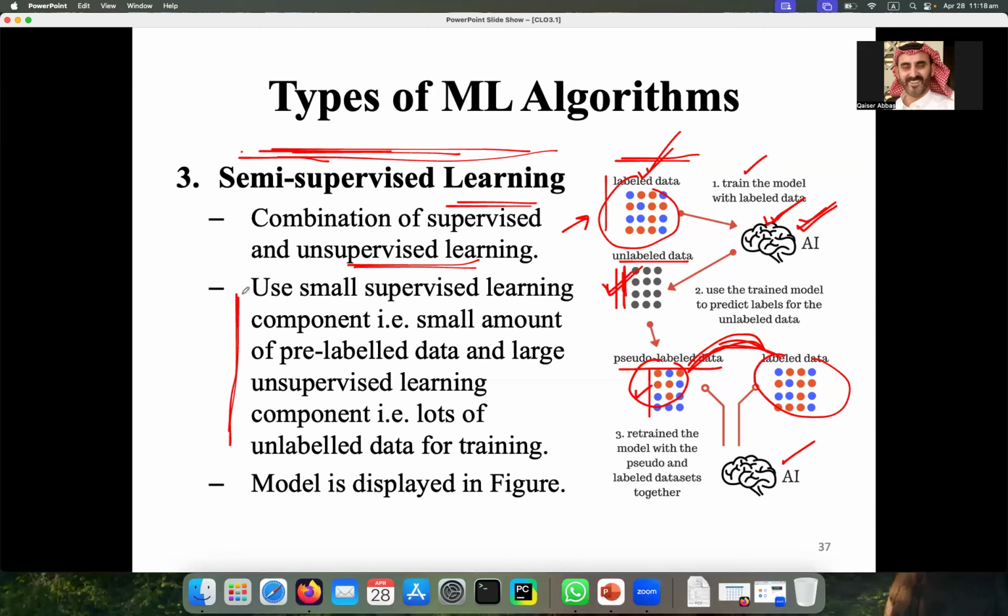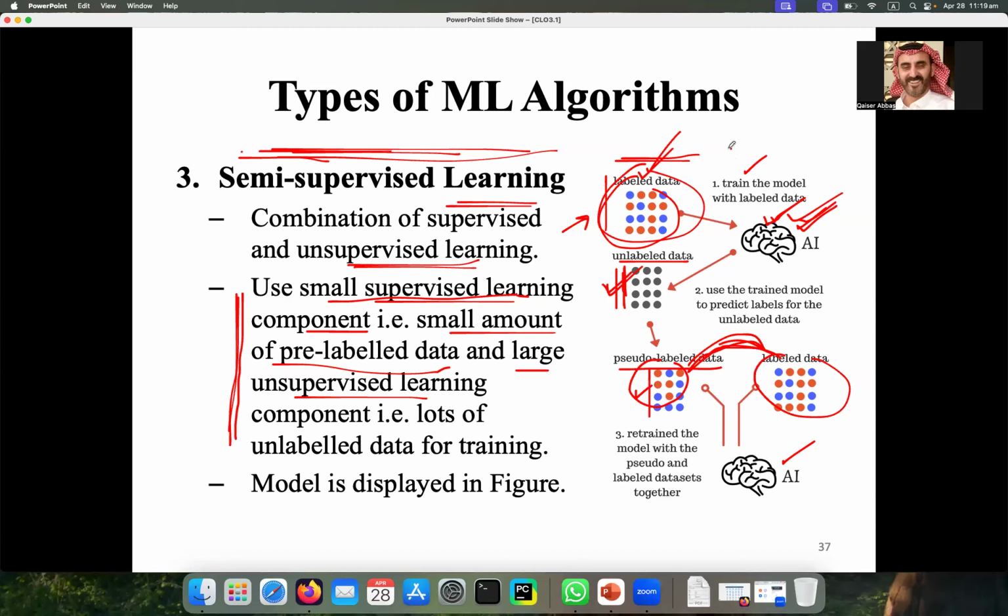So that step is explained a little here. Initially we use a small supervised learning component with a small amount of labeled data, and by using that data you train the model. A small amount of pre-labeled data is used initially, and a large amount of unlabeled data later on.